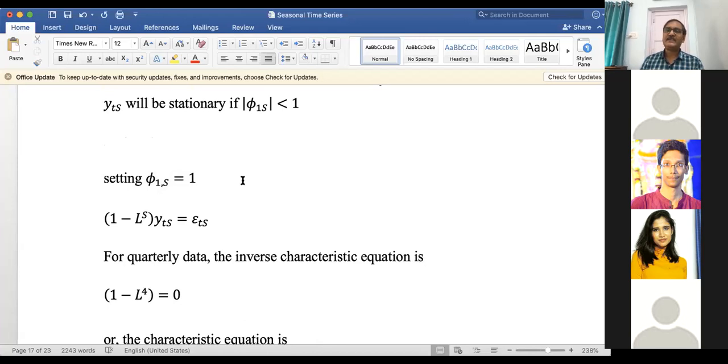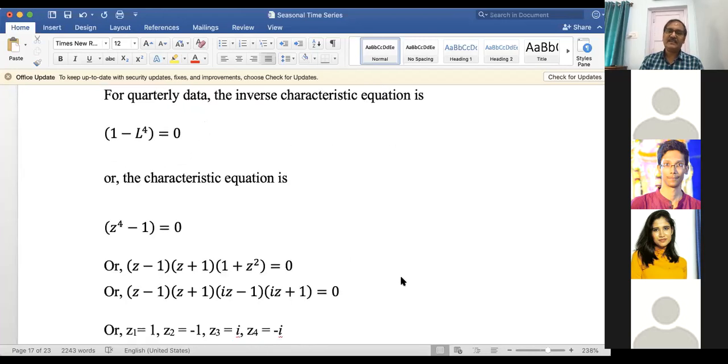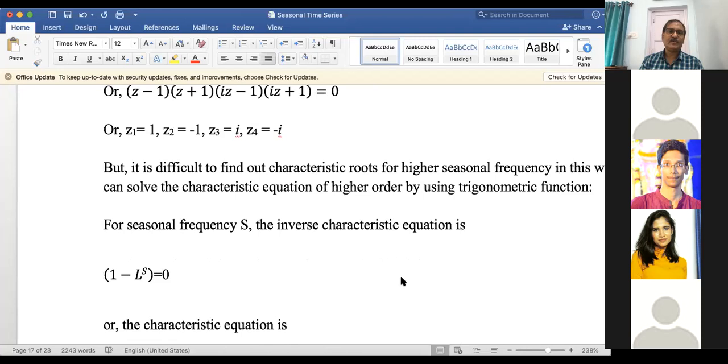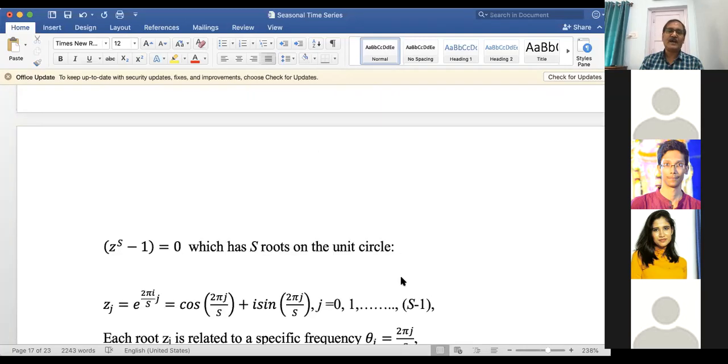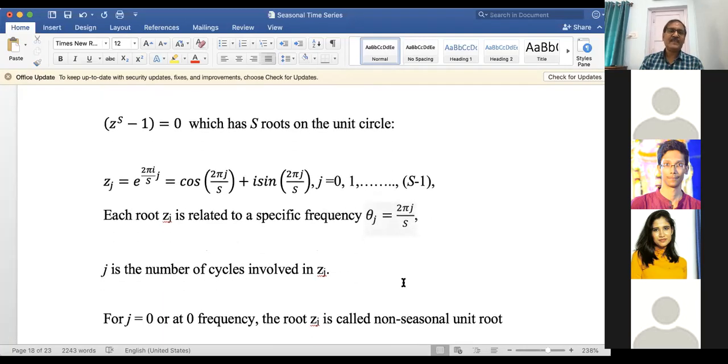So if the coefficient for the AR1 component is equal to 1, the series will contain a unit root at least in the long period sense. For that reason, the value of Zj at j equal to 0 will always be equal to 1, because in that case you will get the value of the root that will be similar to the value of the root in the case of annual time series.